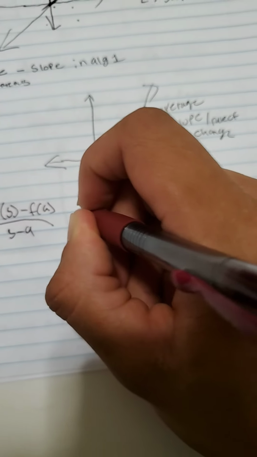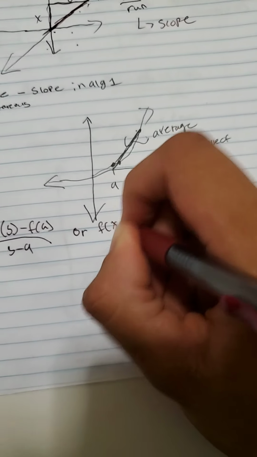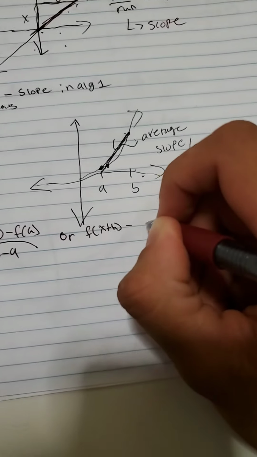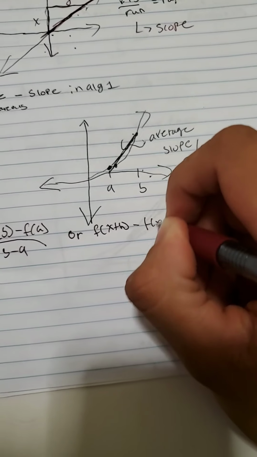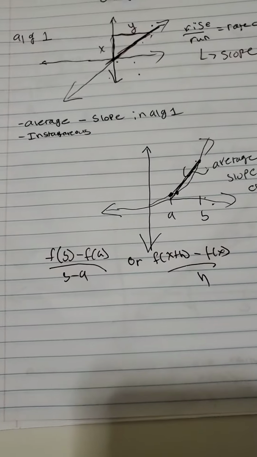Also known as the difference quotient, or another form, f of x plus h minus f of x over h. These are both known as the difference quotients, or also the slopes.